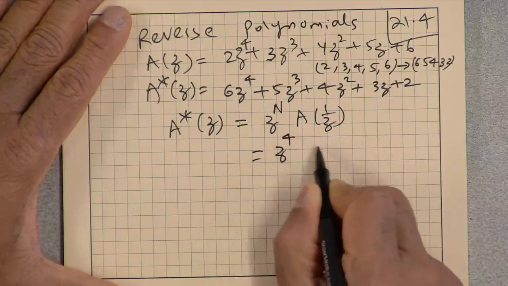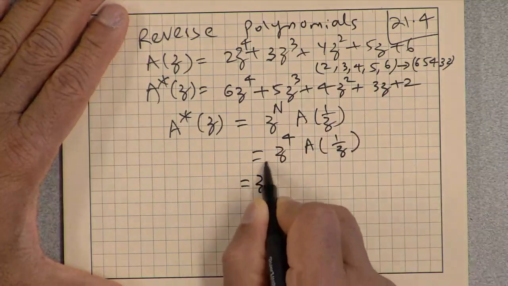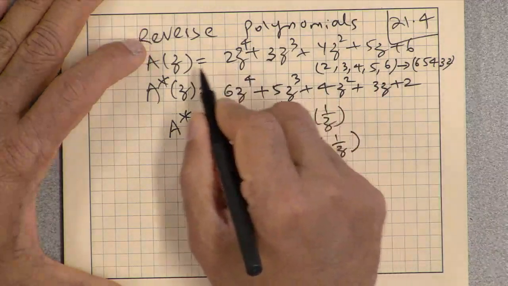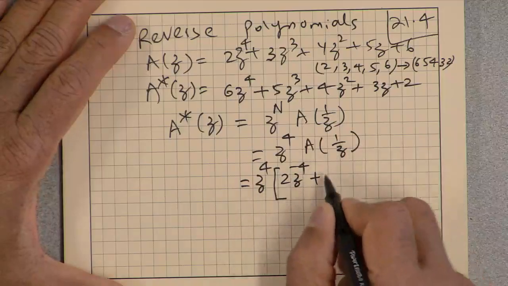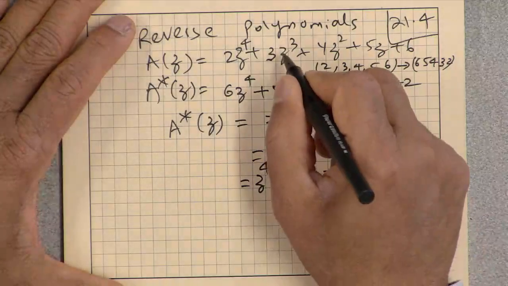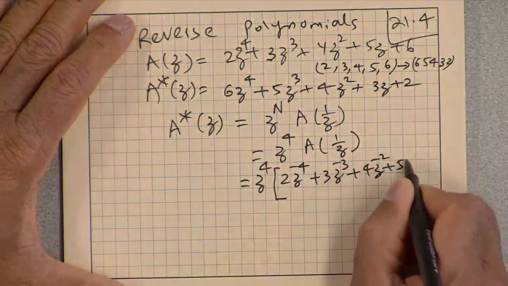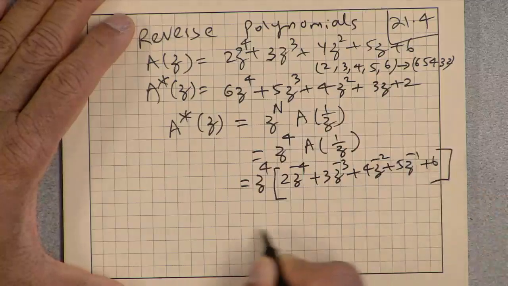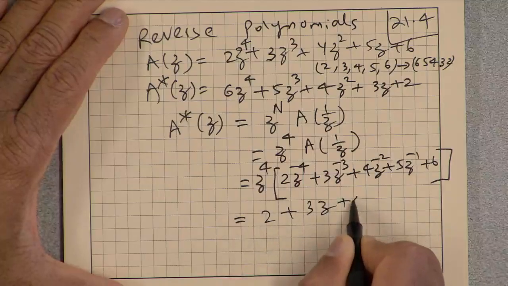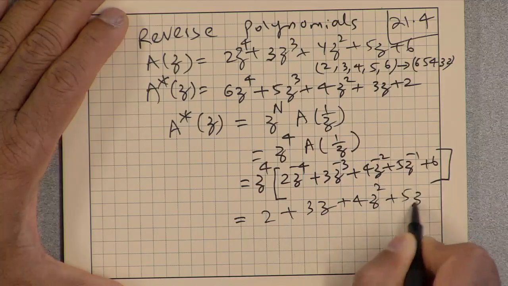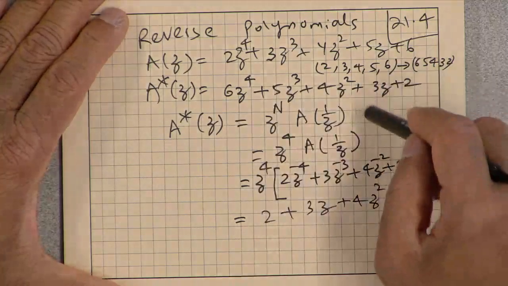So if I take z to the power 4 times A of 1 over z, and replace z by 1 over z, that is 2 z to the power minus 4 plus 3 z to the power minus 3 plus 4 z to the power minus 2 plus 5 z to the power minus 1 plus 6, and so that is 2 plus 3z plus 4z squared plus 5z cubed plus 6z to the power 4, and if you read that from right to left, it's the same expression.